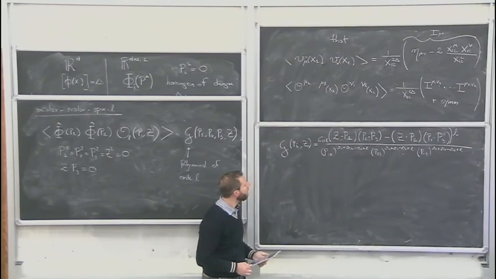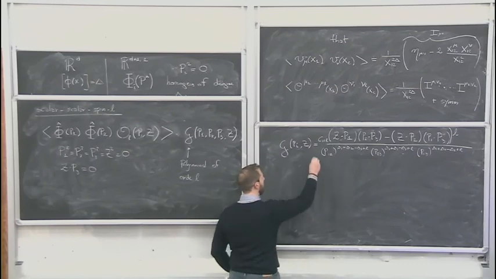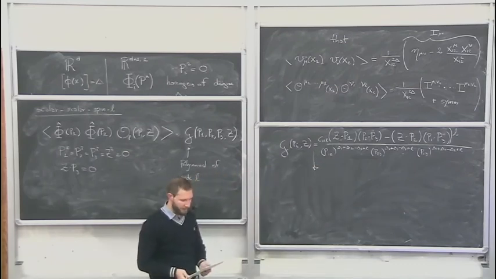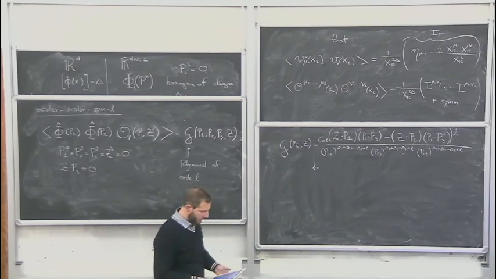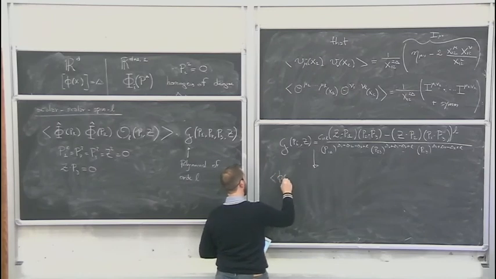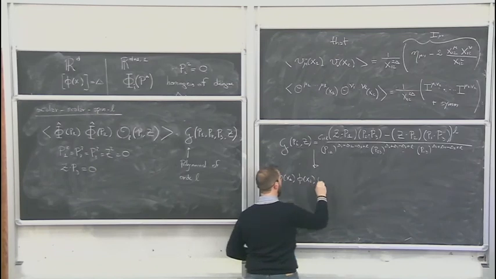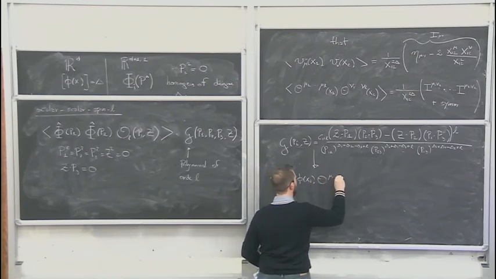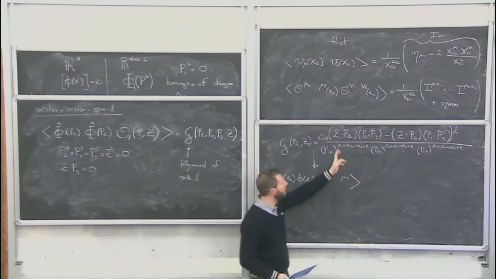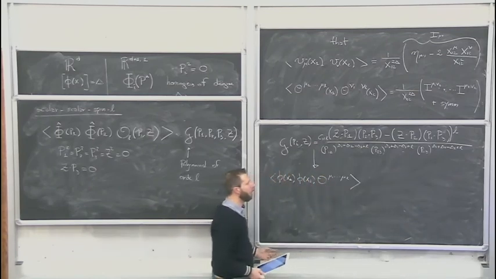From here you can project down to the original space-time dimension and obtain the generic form of a scalar-scalar-spin-L operator correlator with indices mu1 to mu L. If you want to open the indices, you can just take derivatives with respect to Z, and this will open the indices.